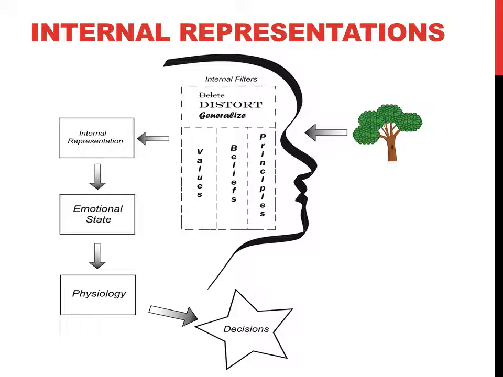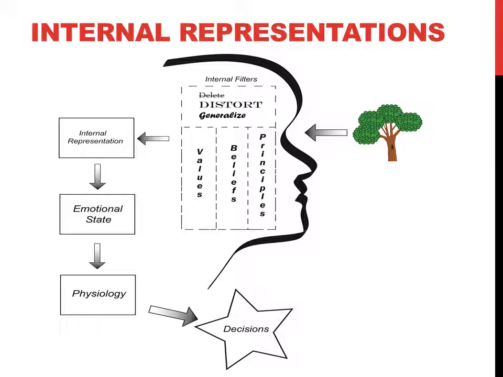Our decisions then are founded on an internal representation that was generated as a result of these particular items. But then again, these are distortions or generalizations and deletions of external data. They're not the actual external data itself.